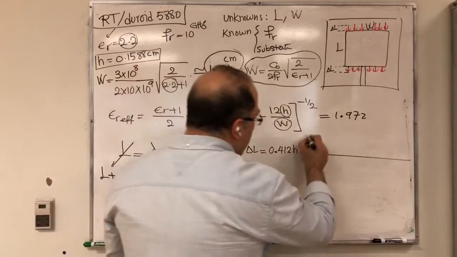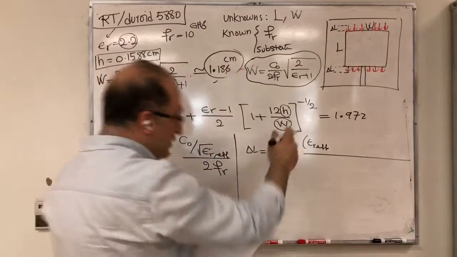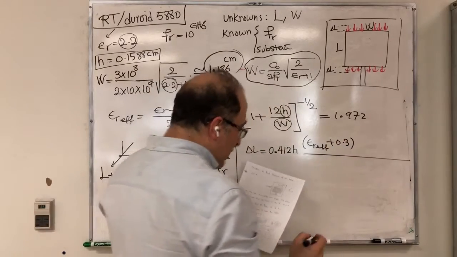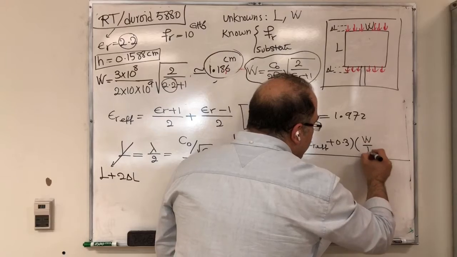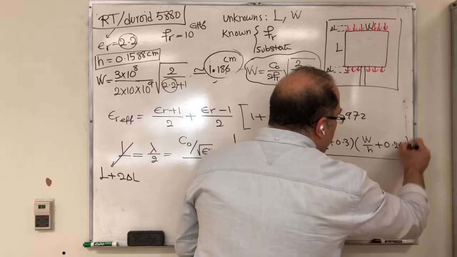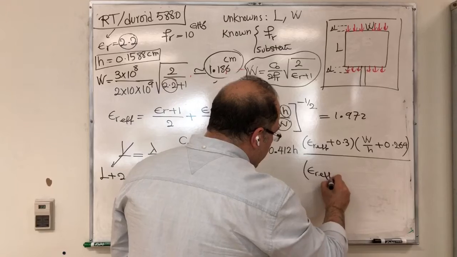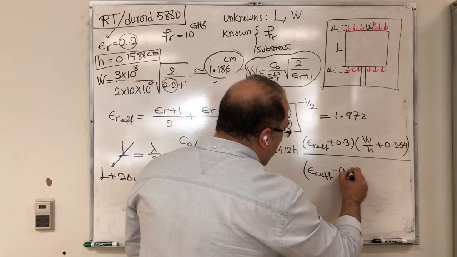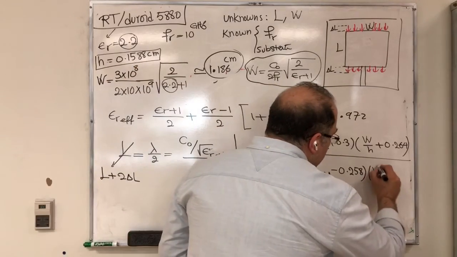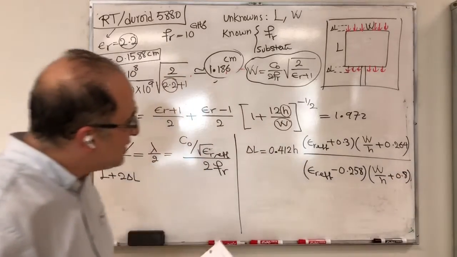And in the fraction, you have epsilon R effective that we just found, 1.972, plus 0.3. And then you have W divided by H plus 0.264. And then here you have, again, epsilon R effective minus 0.258. And then you have W over H plus 0.8. So this is the situation that we have.